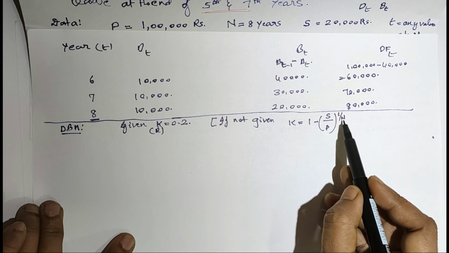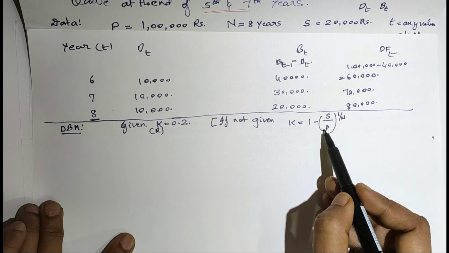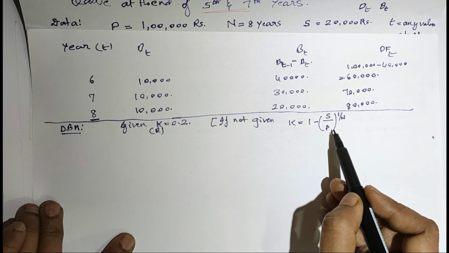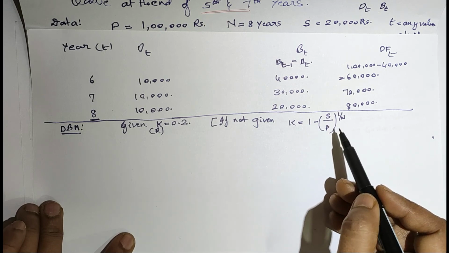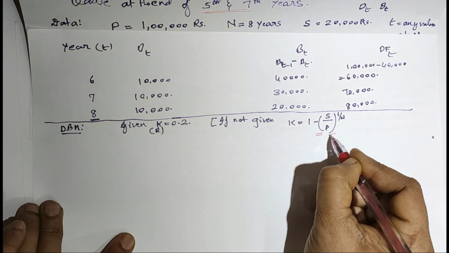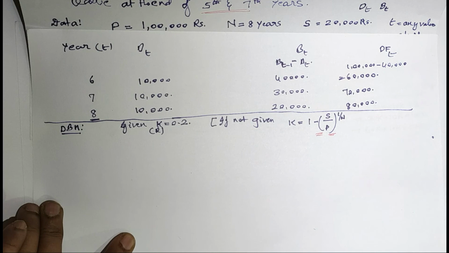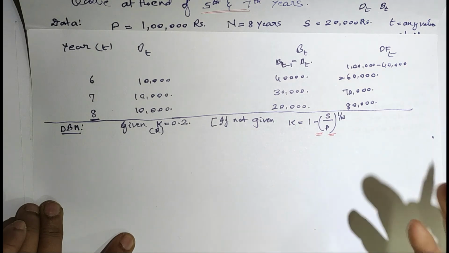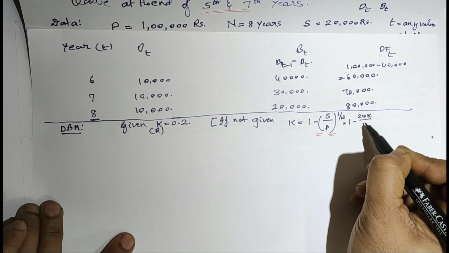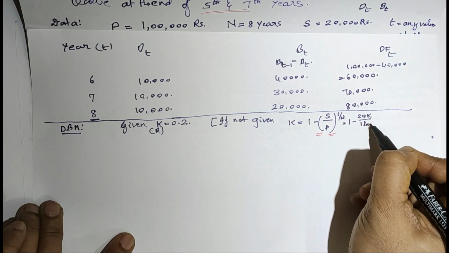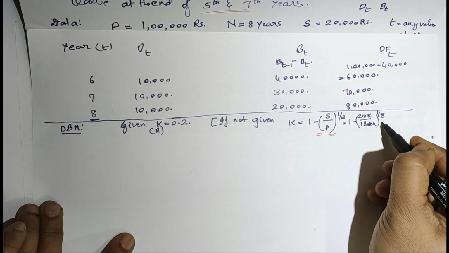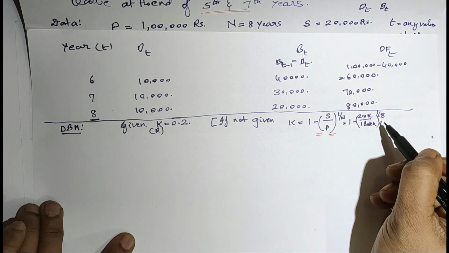I repeat, the 1 by N power is applicable only to S by P, not to the whole 1 minus S by P. Be careful about it. Next, if we calculate, it will be 1 minus (20k divided by 1 lakh) to the power 1 by 8.